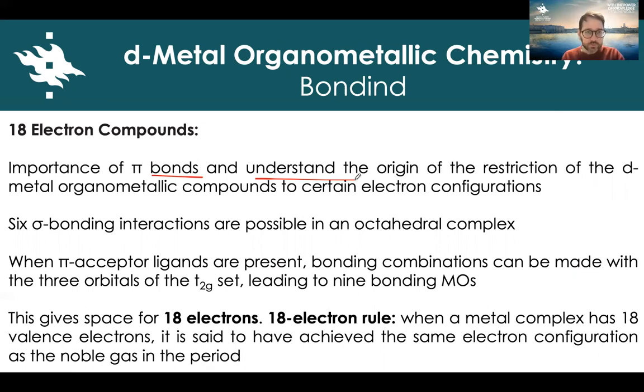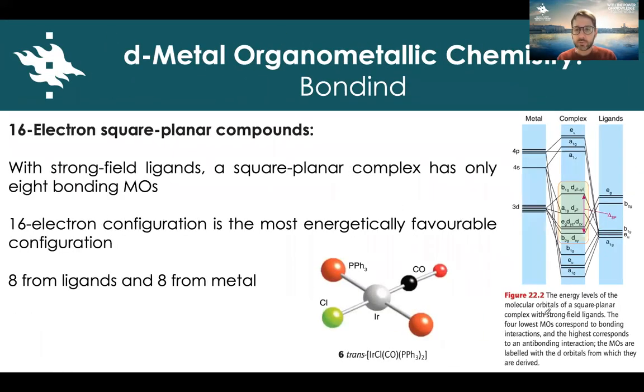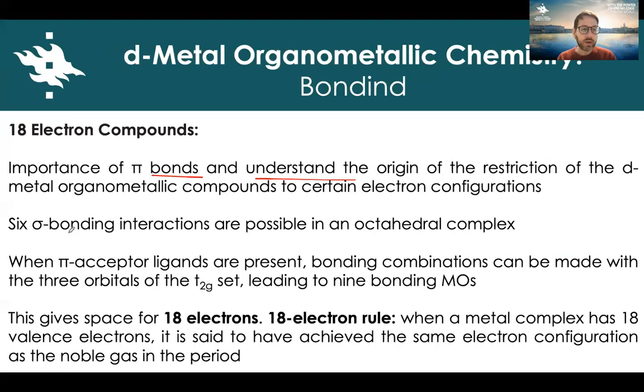If we remember the picture of the ligand field theory to describe bonding in a complex, we can see that we have 6 sigma bonding interactions that are possible in an octahedral complex. And then when we have pi interactions, the bonding combination can be made with 3 orbitals of the t2g set.